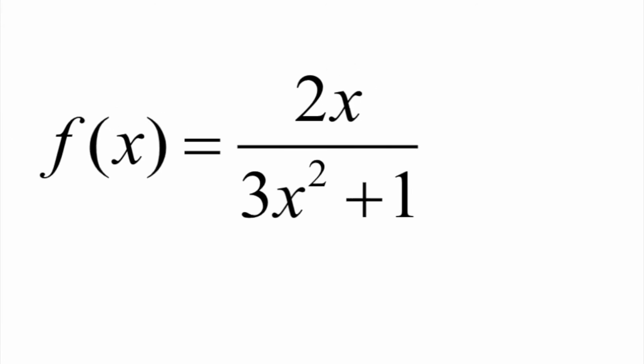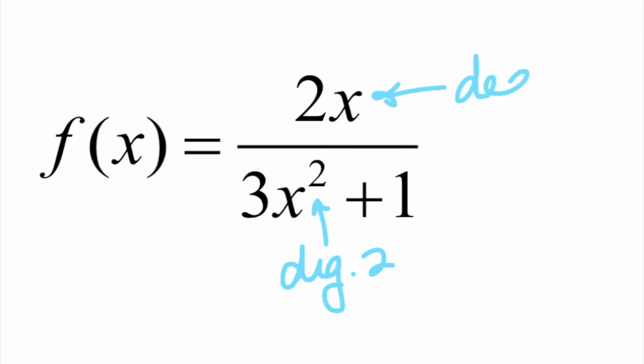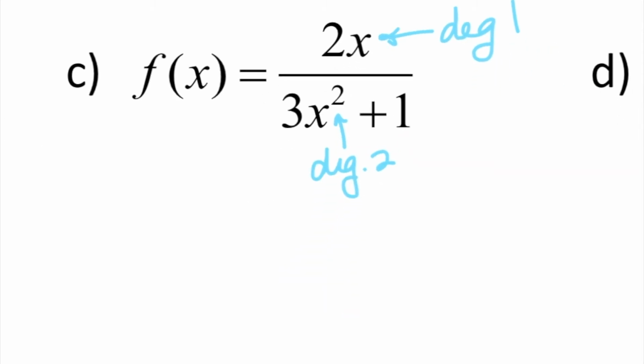Here, the denominator has degree 2, the numerator has degree 1, and so my horizontal asymptote again is y equals 0.